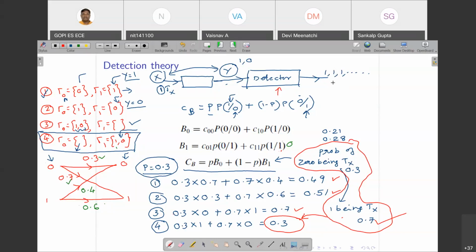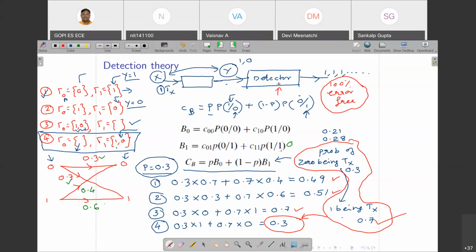It doesn't mean that it is 100% error free. No, it is not 100% error free, right? This is just intuitively we can understand that, suppose the transmitter is transmitting 90% of the time as 1. Most of the time, what is being transmitted from the transmitter is 1.